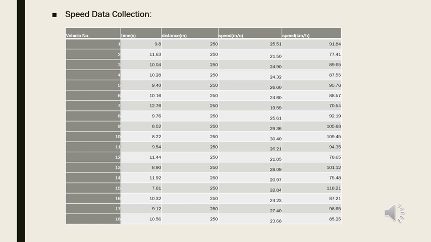In column number 4, we calculate the speed for each vehicle and then we convert the speed unit from meters per second to kilometers per hour, and we write the speed values after converting them in column number 5.